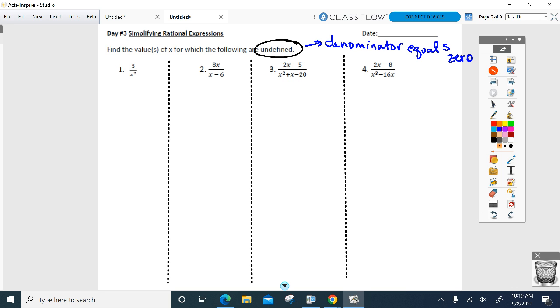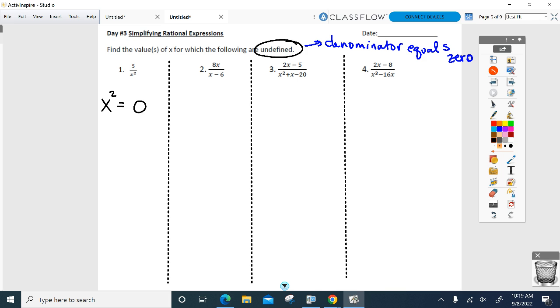Here we go. Number 1. What makes that fraction undefined? You take what's in the denominator. Tell me, what's in the denominator right now? X squared. I take whatever's in the denominator and I set it equal to, what do I want it to equal to? 0. And now we'll see how your algebra skills are up to task.